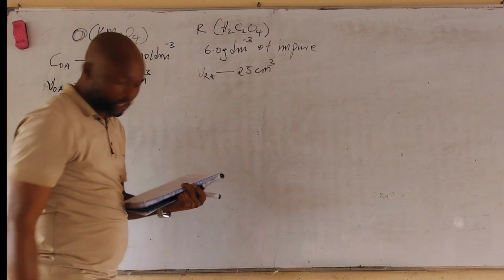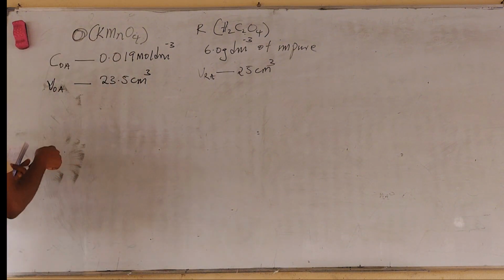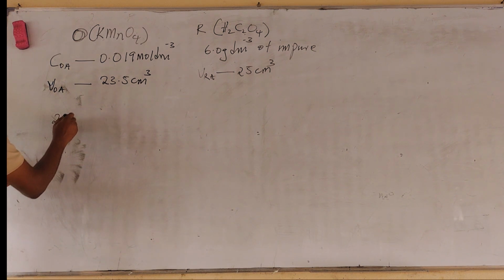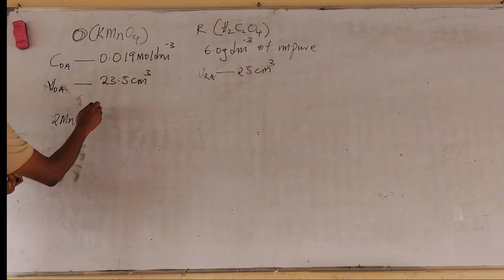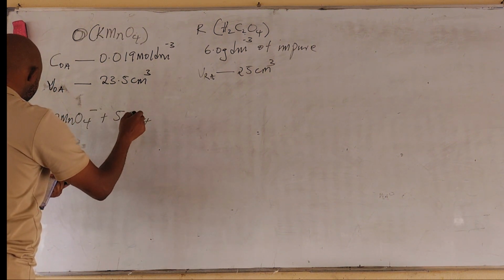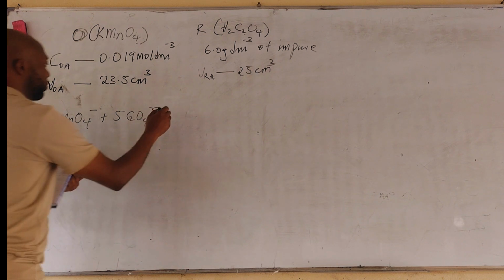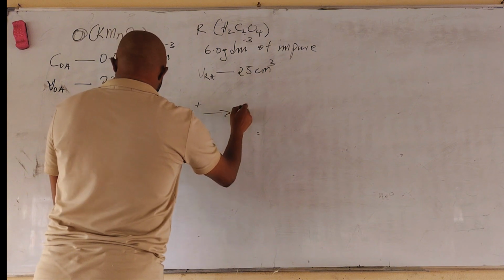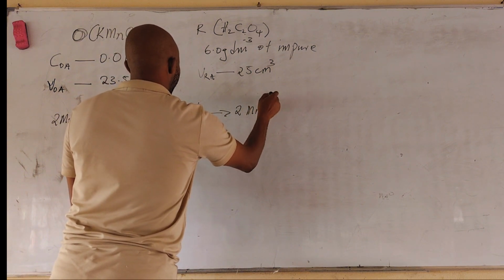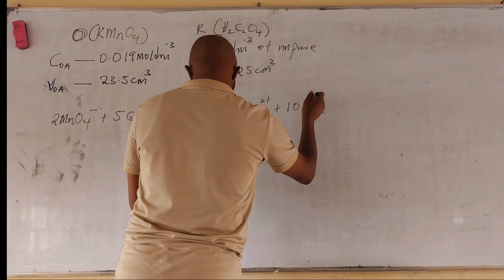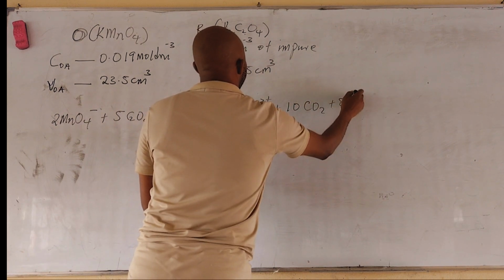If the equation of reaction is this, they always give the equation of reaction, but if they do not, you balance it yourself. We have 2 MnO4⁻ plus 5 C2O4²⁻ plus 16 H⁺ gives us 2 Mn²⁺ plus 10 CO2 plus 8 H2O.